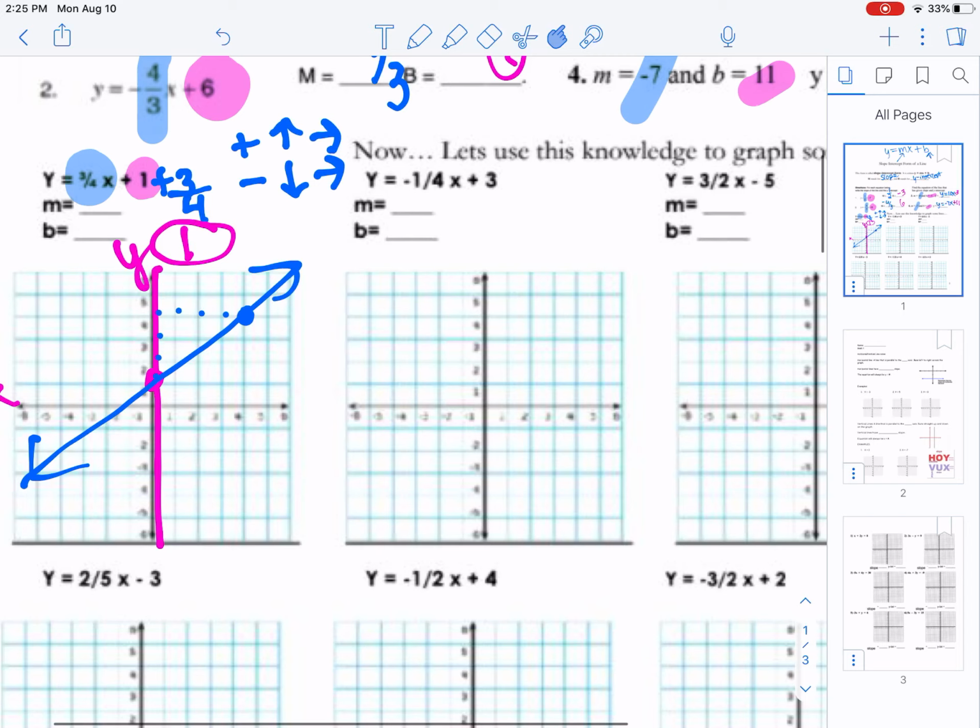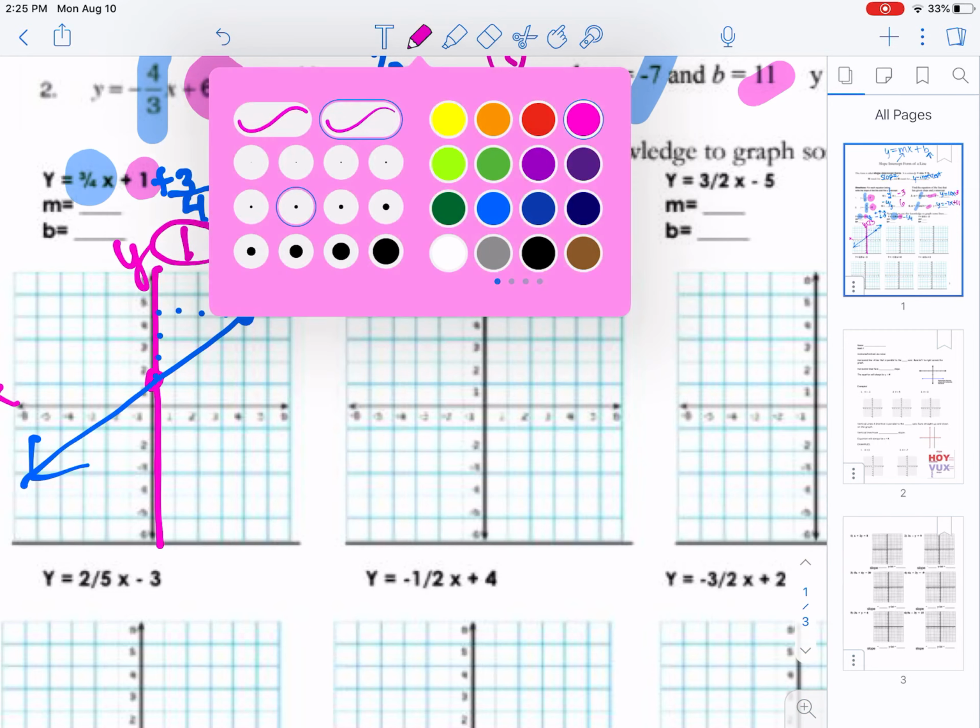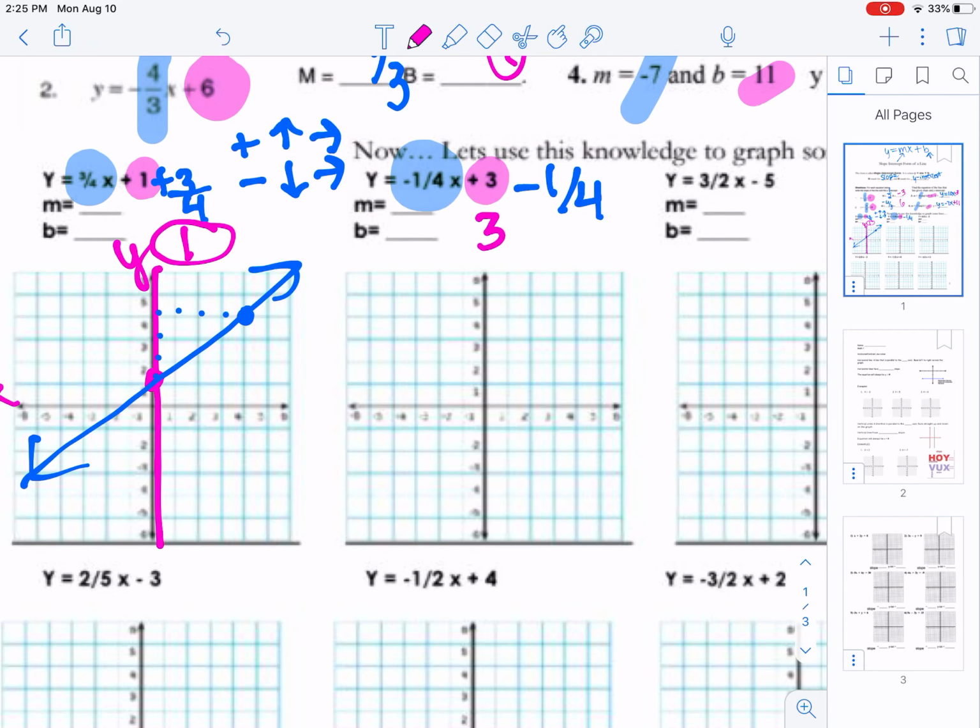Okay, let's try one more. So for this one, my slope is the number in front of x. So my slope is -1/4. And my y-intercept is the number that's by itself. So my y-intercept is 3. So I always start on the y-axis.